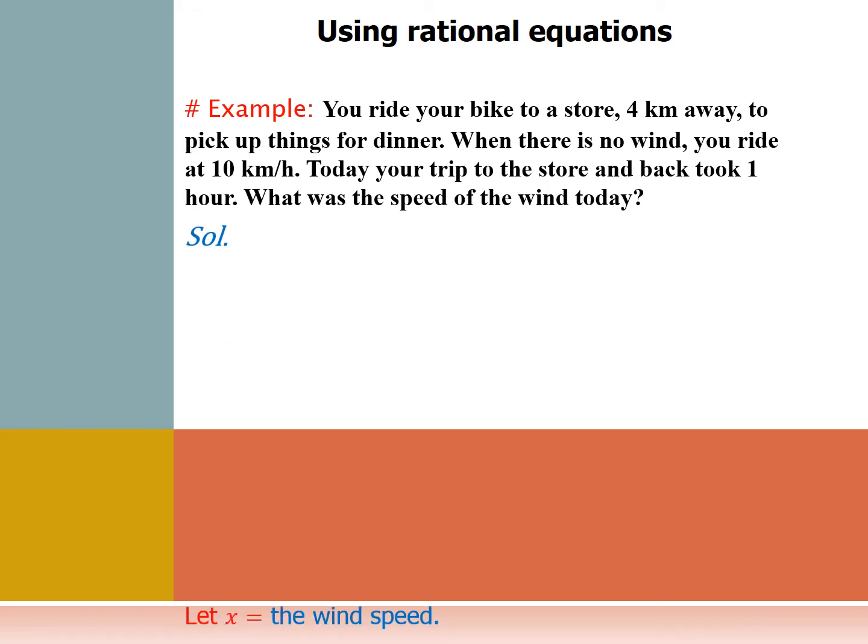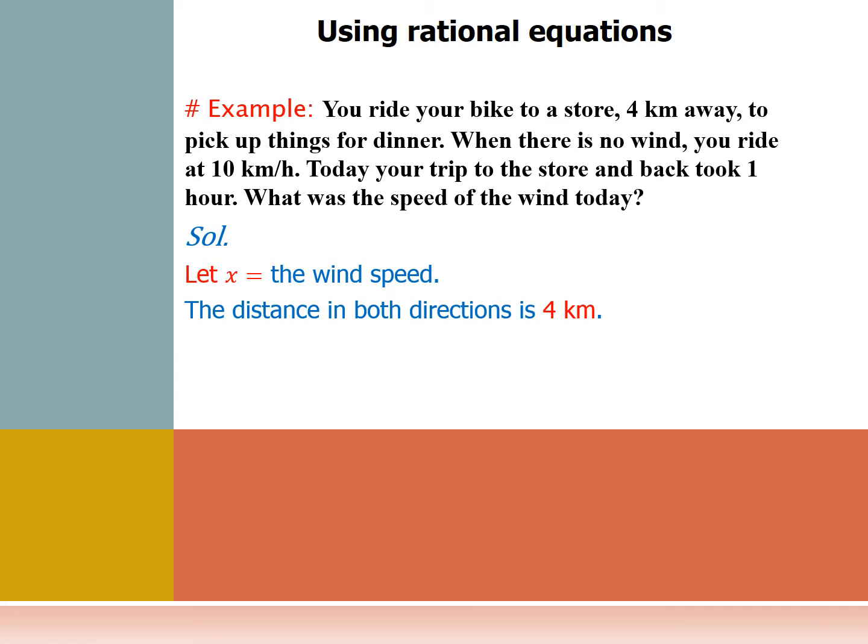Solution: let x be the wind speed. The distance in both directions is 4 kilometers: 4 kilometers when you go to the store, and 4 kilometers when you come back.